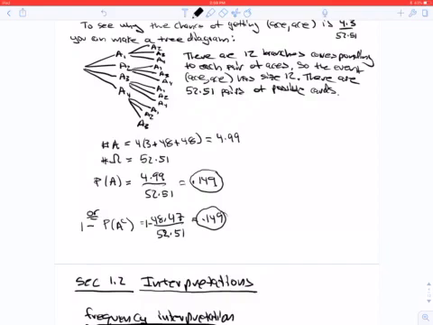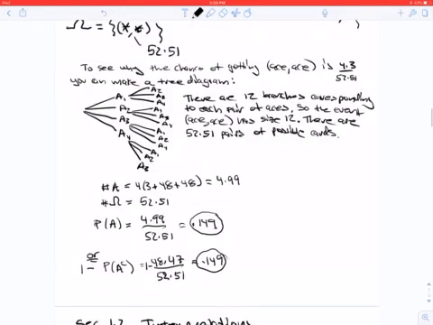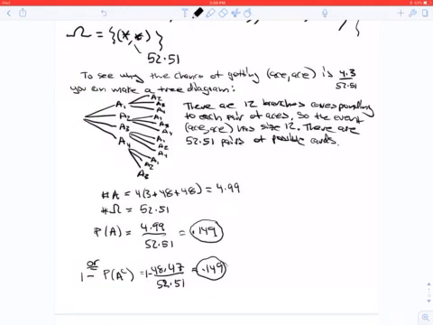Another way to do this is to use what's called the complement rule, and that's something we'll see next time. Or actually, no, we do it today, so we'll see a little bit later. And that's where we compute the probability of A complement. So A with a C on top means the complement of A, or the opposite of A. So the opposite of our event A is that we don't get any aces in the pair.